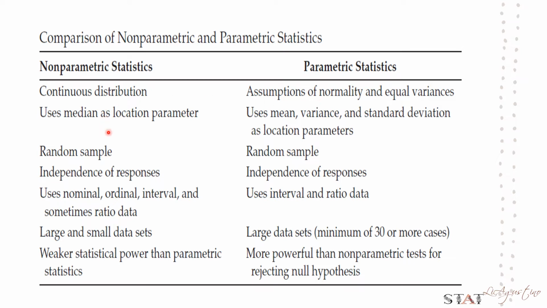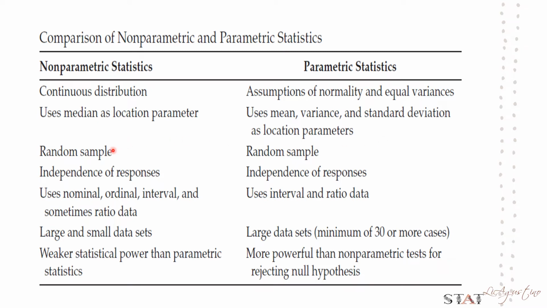In non-parametric statistics, they use the median. As we know, we have the three basic measures of central tendency or location: the mean, median, and mode. In non-parametric, they mostly use the median as a location parameter. However, in parametric statistics, they use the mean, the variance, and standard deviation as location parameters.